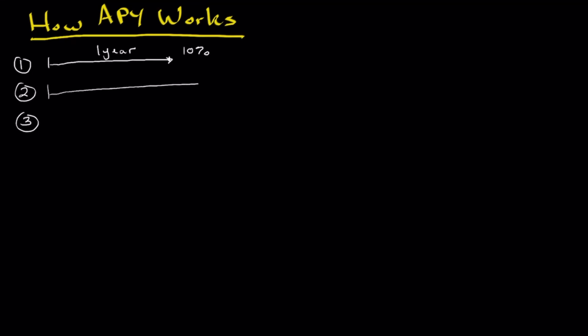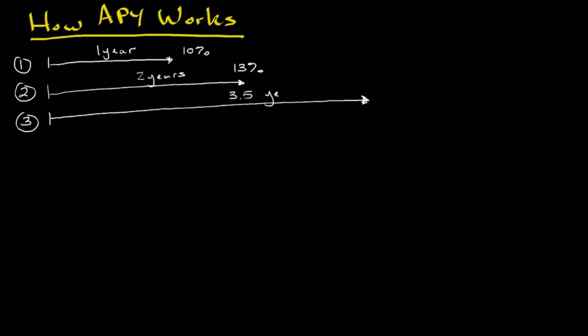Investment 2 is for 2 years, but earns 13%. And then lastly, investment 3 is for, let's say, 3.5 years, and over that period of time, earned 20%.